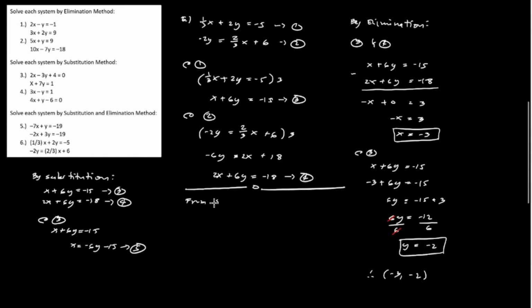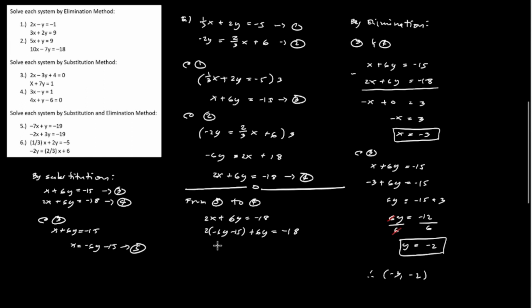From 5 to equation 4. So 2x plus 6y is equal to negative 18. And 2 times x, which is negative 6y minus 15, negative 6y minus 15 plus 6y is equal to negative 18. And simplify.